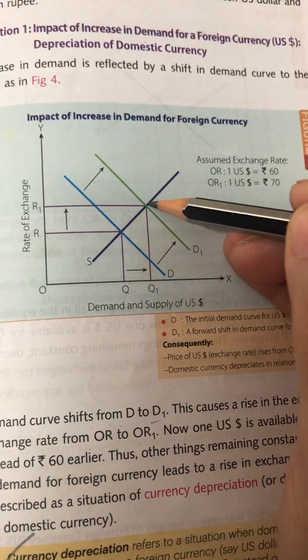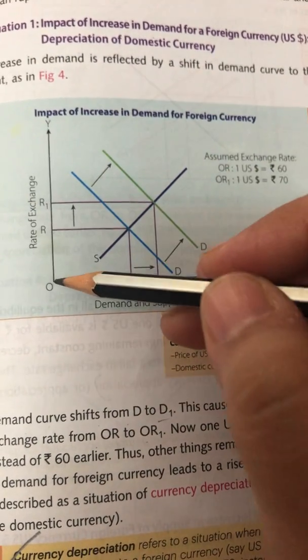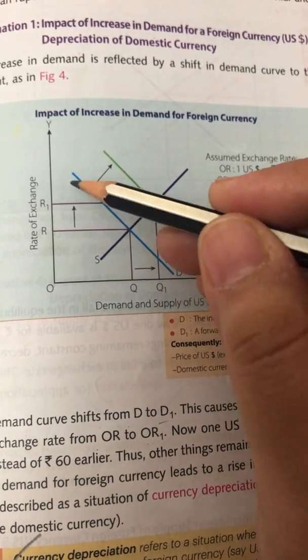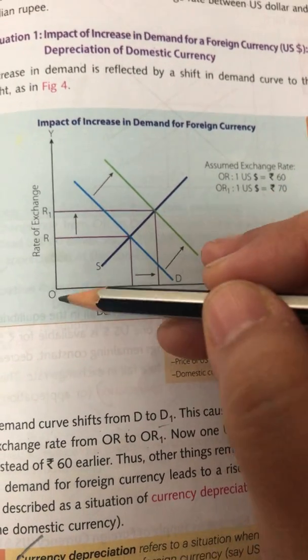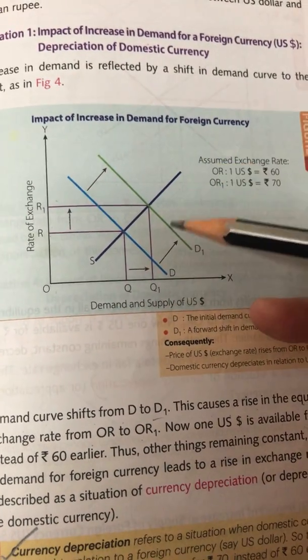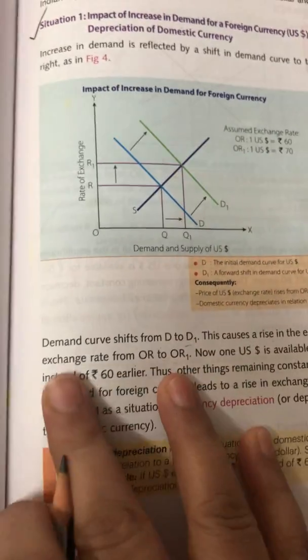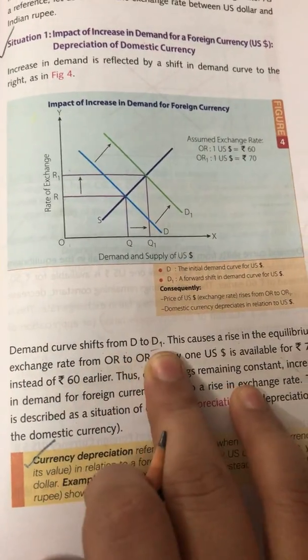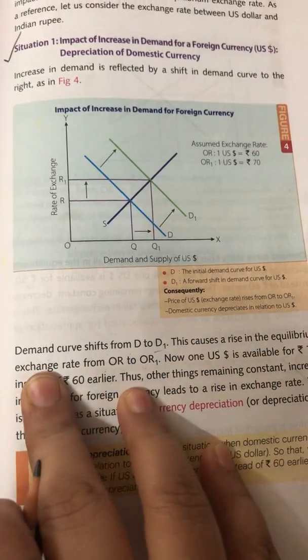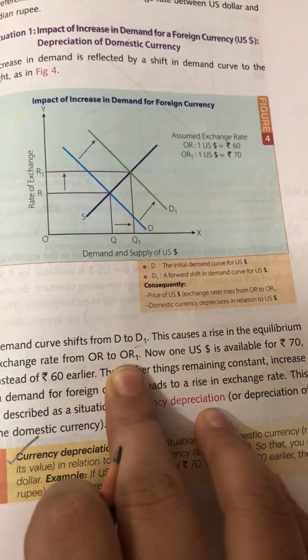Now since the demand is increasing and the supply is the same, the exchange rate is going to increase from OR to OR1. So the demand curve shifts from D to D1, and this causes a rise in equilibrium exchange rate from OR to OR1.